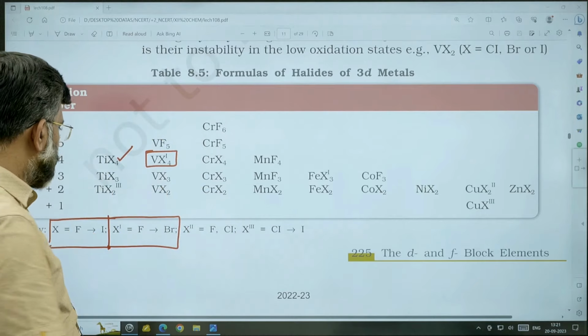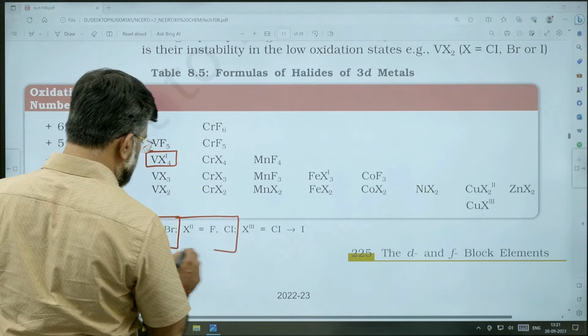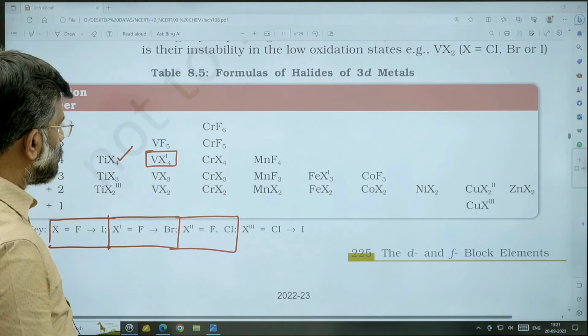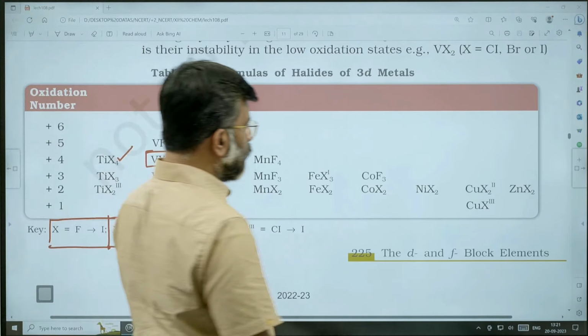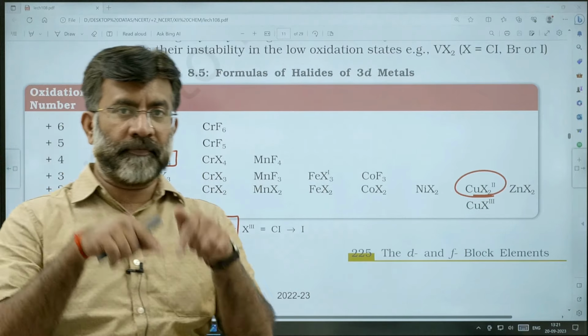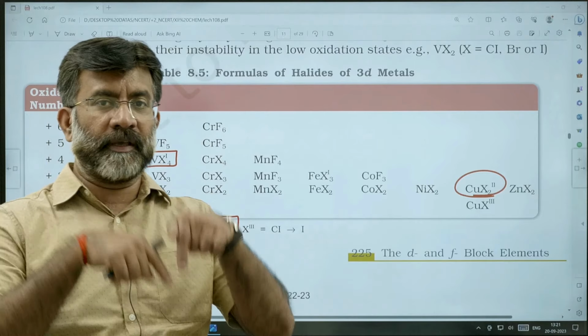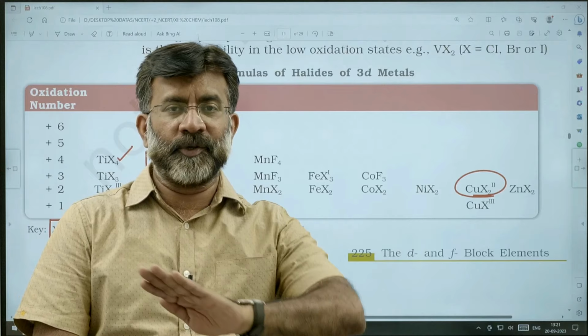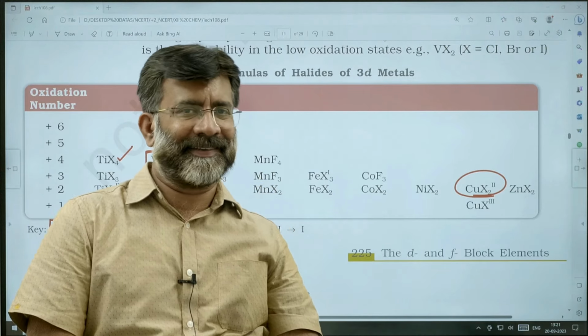What about MX2? Only fluorine and chlorine. Where is it? Fluorine, chlorine. You see that? CuF2 exists. CuCl2 exists. CuBr2 does not exist. CuI2 does not exist.